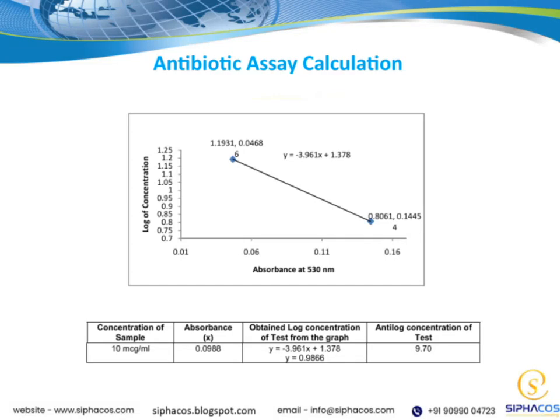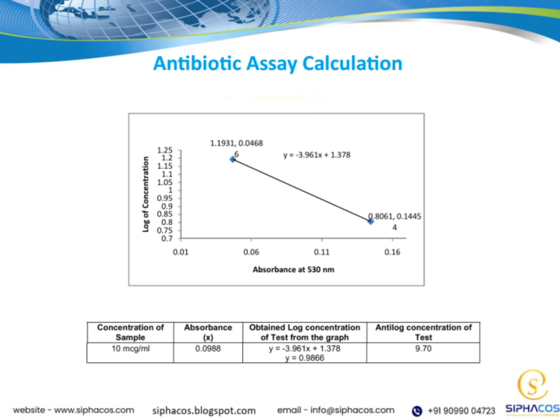Let's now take a closer look at antibiotic assay calculation. This part of the process is crucial because it helps us determine the potency of the antibiotic sample. Essentially, we compare the sample's activity to a standard, which gives us a way to quantify how effective the antibiotic is. The calculation involves measuring zones of inhibition, or sometimes actual concentration, depending on the method used.